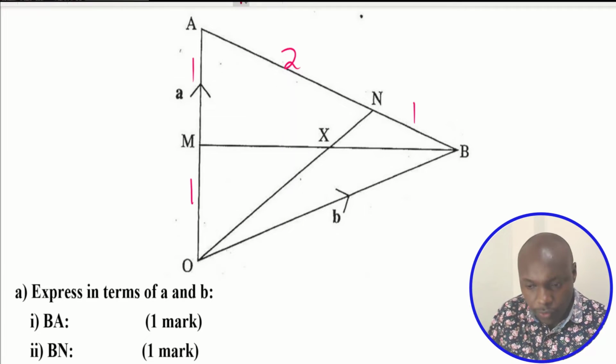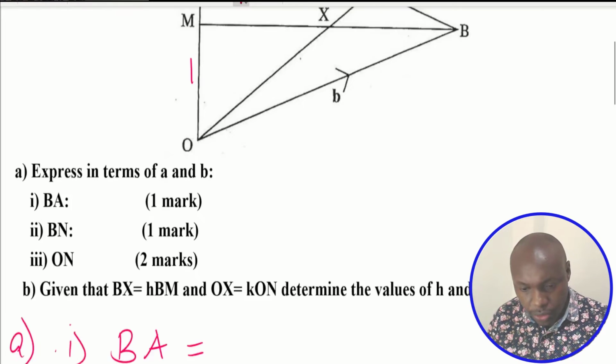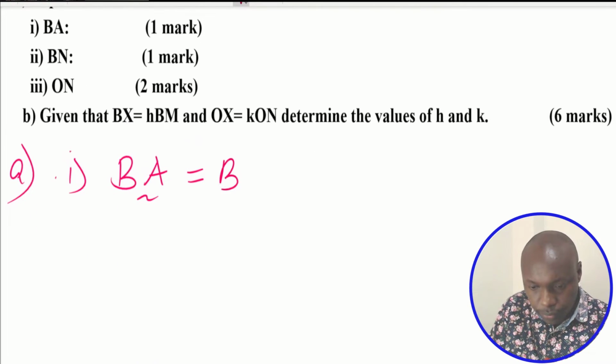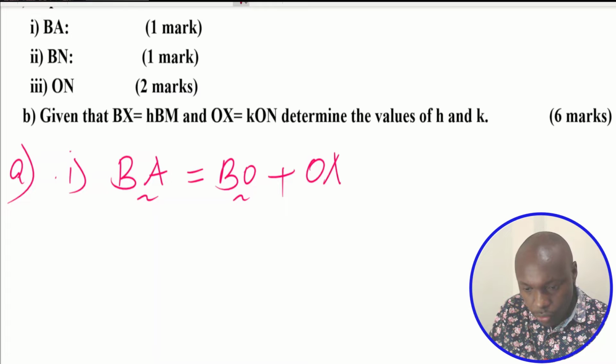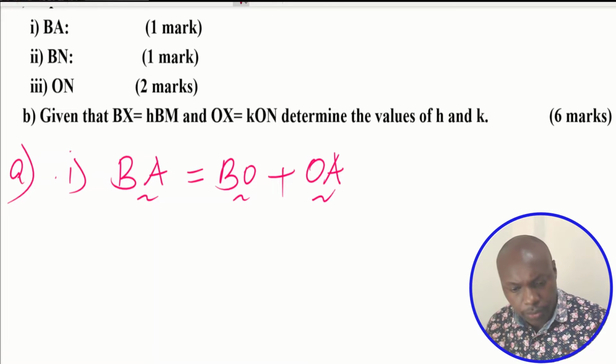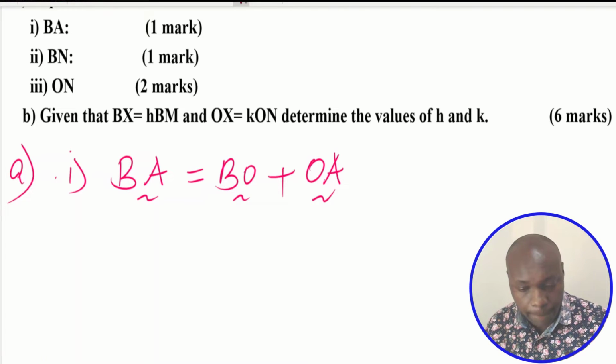Which route are we going to follow? We start from B to O, then O to A. That is how we get vector BA.